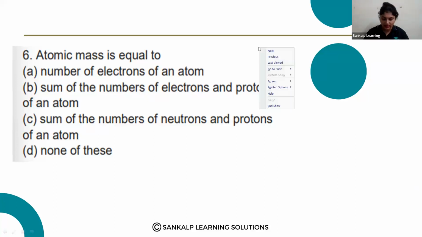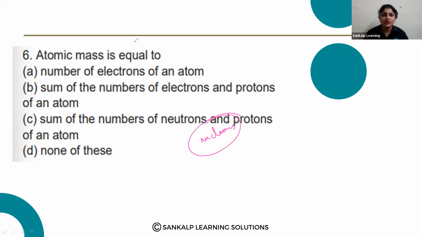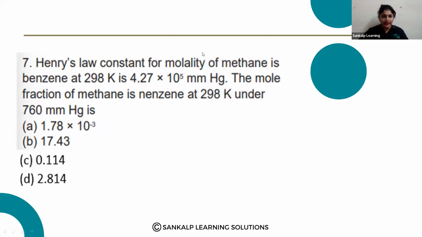Atomic mass? No, you are calculating for atomic mass. But the sum of the number of neutrons and protons, they are called nucleons, right? Remember this. The sum of this accounts for atomic mass, but neutrons and protons together are called nucleons. So we'll go for the next one.